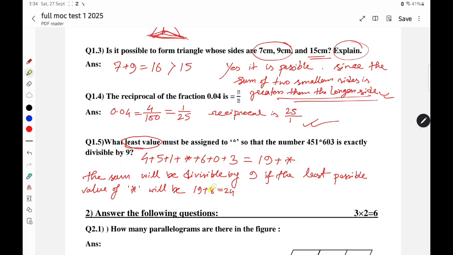So we have to place 8 in the position of star sign so that the number will be divisible by 9, so the answer will be 8. Okay.